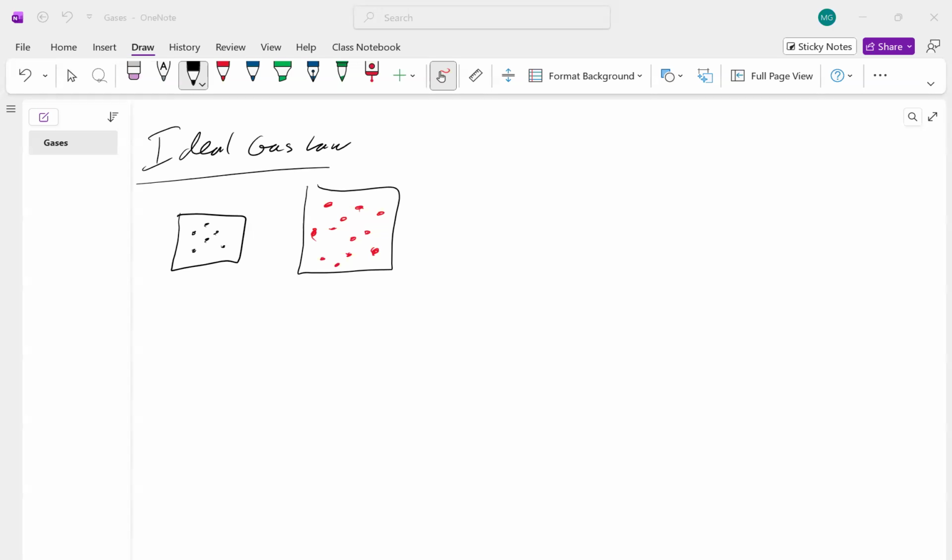If I were to take two different gases and put them in two different environments, with different pressures, volumes, temperatures, and different amounts of them, and I were to measure those aspects accurately.